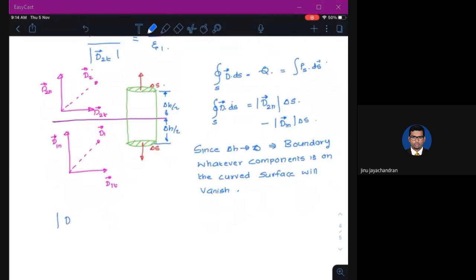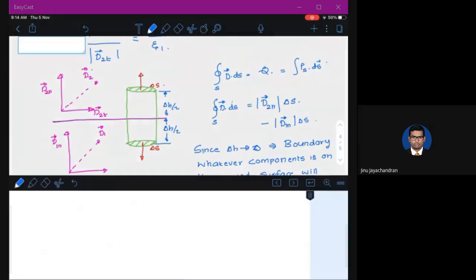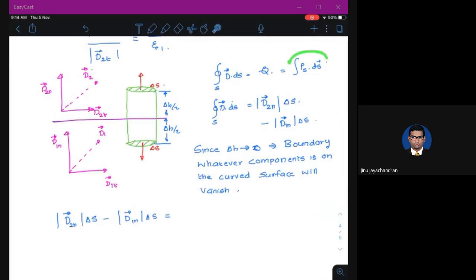So finally I can write the magnitude of D2N into delta S minus the magnitude of D1N into delta S is equal to rho s into delta S, because delta S is the surface area.